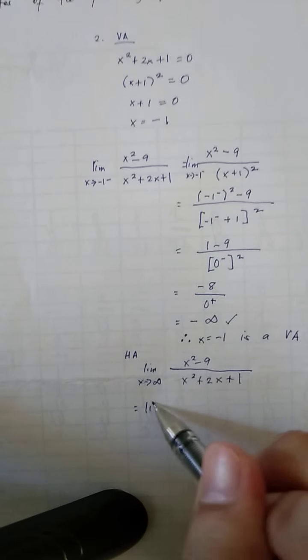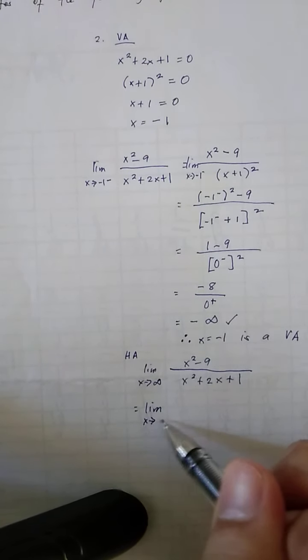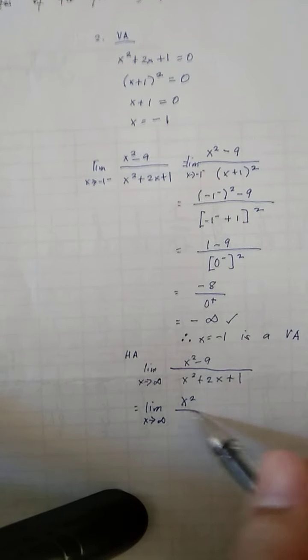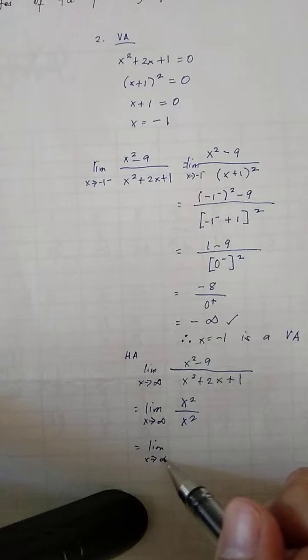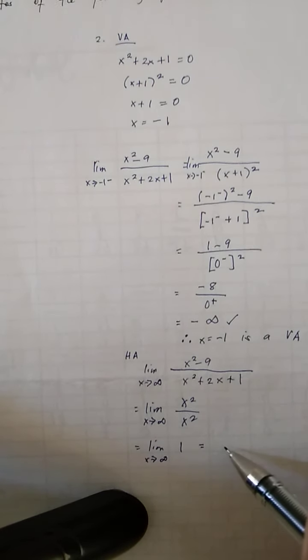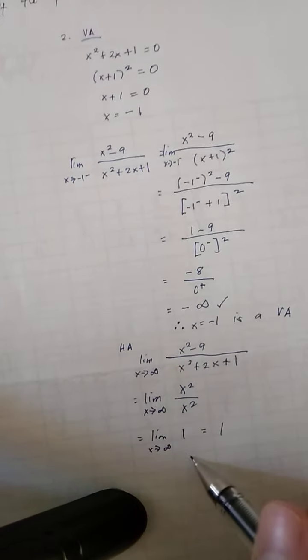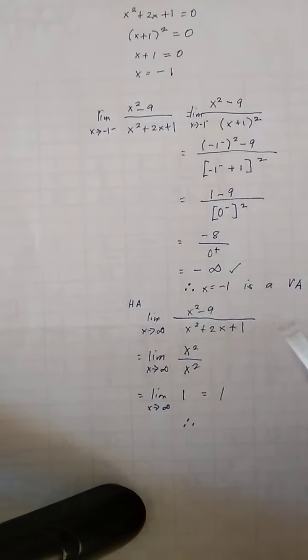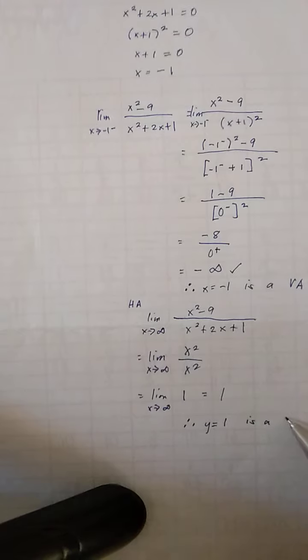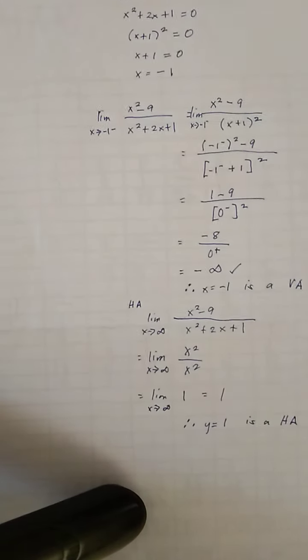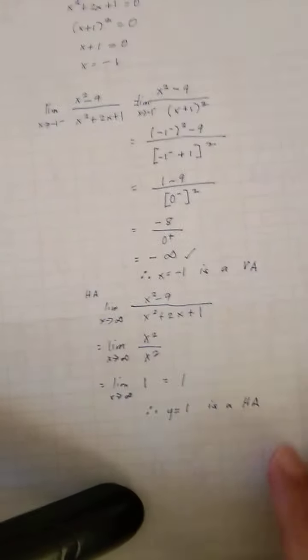So again, using our rule in infinite limits, this one is x squared over x squared, or the limit as x approaches infinity of 1, which is just equal to 1. So therefore, y equals 1 is a horizontal asymptote of this function.